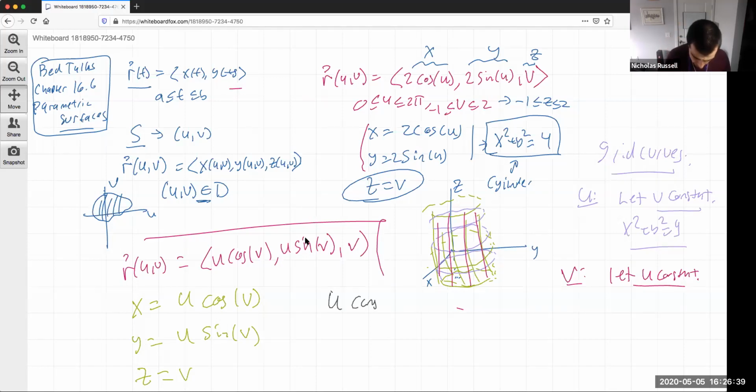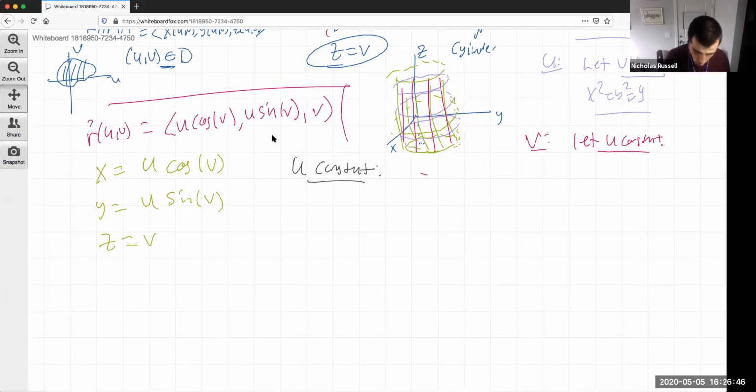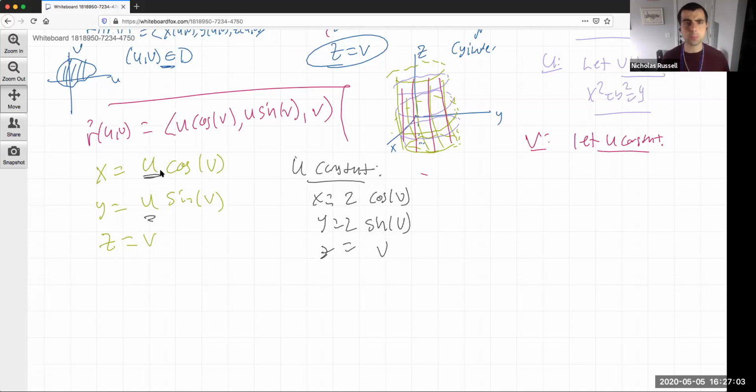If u is constant, I'm thinking about my grid curves with respect to v here. So if I think with respect to v, well, this right here would be a constant, and this would be a constant. So you can imagine it would maybe look something like 2 cosine of v, 2 sine of v, and v. As an example, this is just to get you starting to think about what might happen.